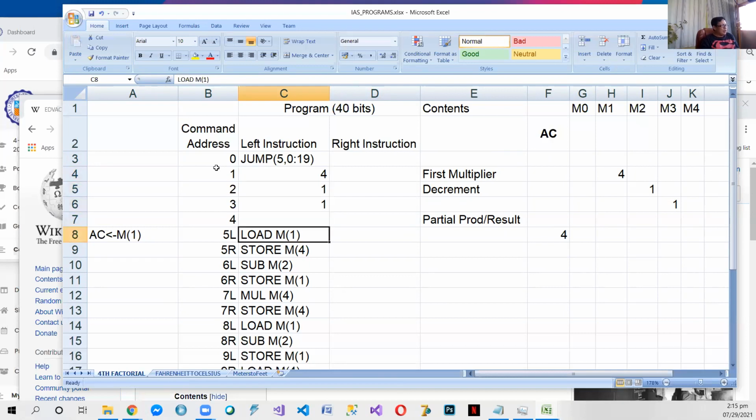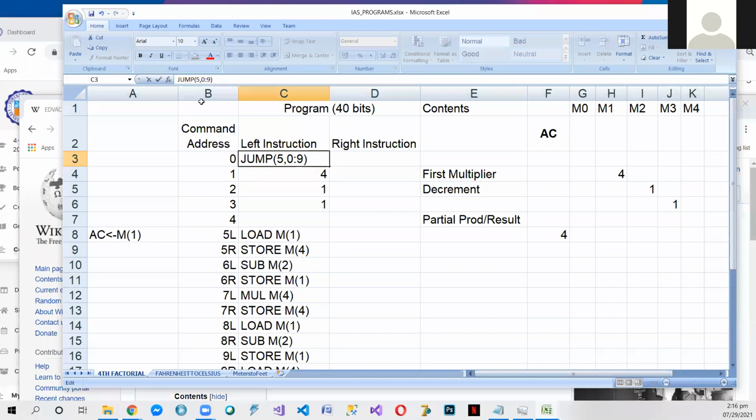That's why we need 5L and 5R. Because when we say jump 5, 0 to 19, this means this is the left part of 5. Ay, sir, bakit? Anong meaning ng 0 to 19? Jump to the left. Which means if you have this as 20 to 39, what does this mean? Jump to the right. So dito siya sa 5R mag-jump. Okay, when this is 0 to 19, it will jump to 5L.